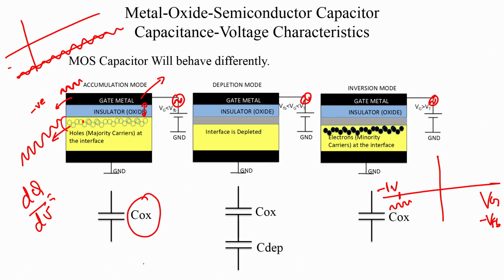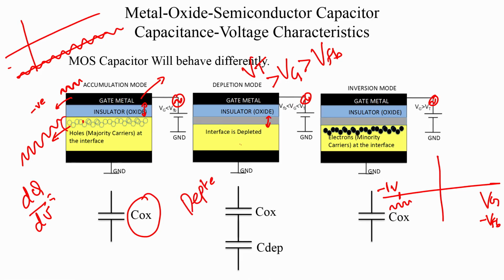But now let us say we increase the gate voltage, we reach a point where Vg is greater than Vfb, but it is still less than Vt. We have still not reached threshold voltage, but we are greater than the flat band voltage. So, in this case the interface is now depleted. We are in the depletion mode of operation. So, what is this capacitor like?